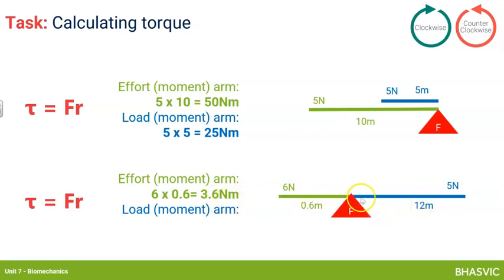Similarly, the load arm is 12 meters and the force is 5. So the sum is 12 meters times 5 newtons gives us a load arm torque of 60 newton meters. So if you just work really methodically through each of the arms, the effort arm, the load arm, one at a time, then you can calculate the torque of each and compare.